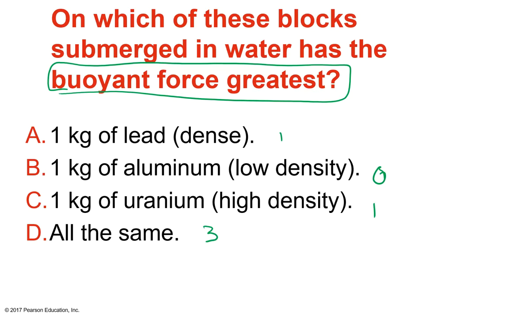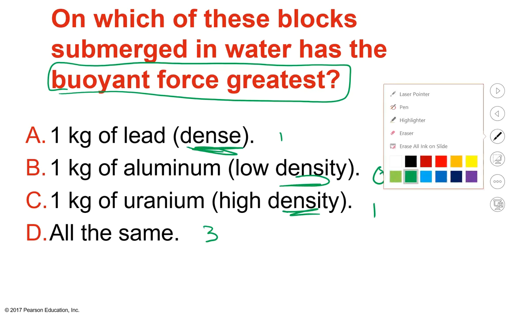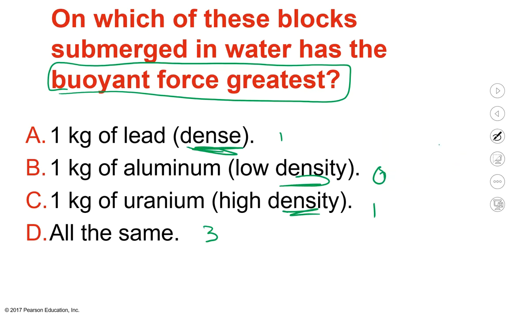So if we look at these in terms of volume, they all have the same mass, right? Kilograms is a unit of mass. What's the relationship between density and mass? What is density?